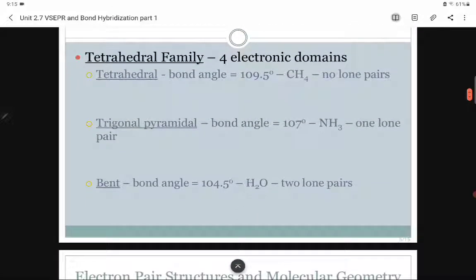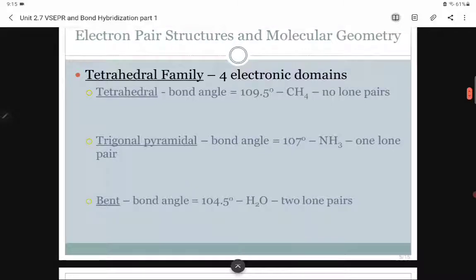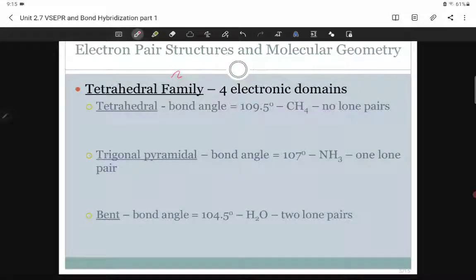Okay, you talked about tetrahedral, and it's kind of strange. I have here tetrahedral family. Well, you could actually have tetrahedral, and that has 4 actual bonds coming off the central atom.